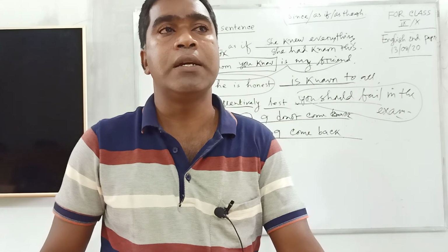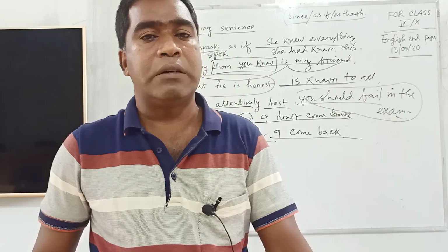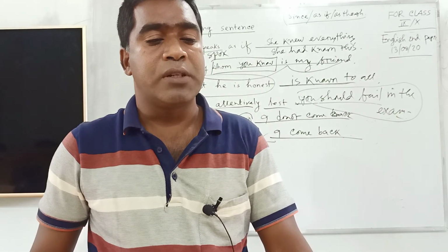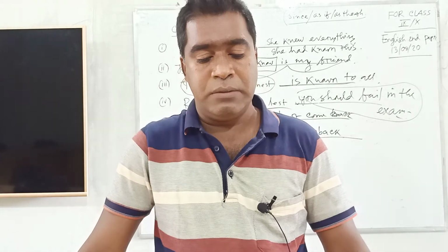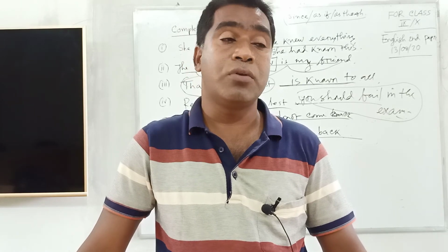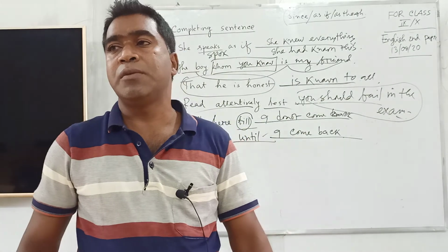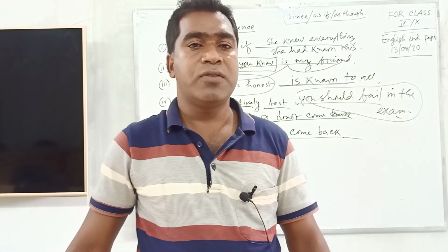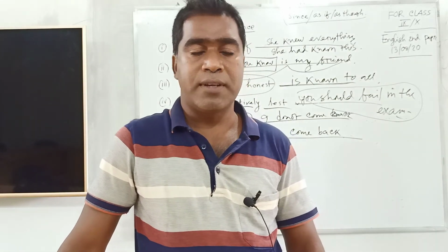Okay, so especially for completing sentences, you must try to remember the rules of right form of verbs, especially that you have read from your books, and you learned something in the classroom from your teachers. And besides the rules of right form of verbs, you have to know about the clauses, and if you are able to understand these two types of grammatical rules, the rules of right form of verbs and the clauses, you must be successful.